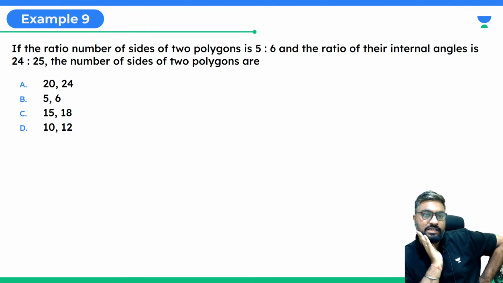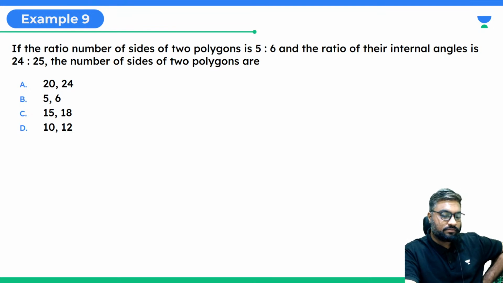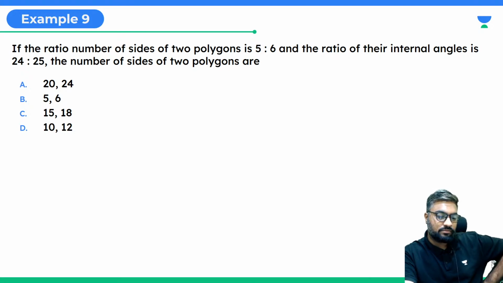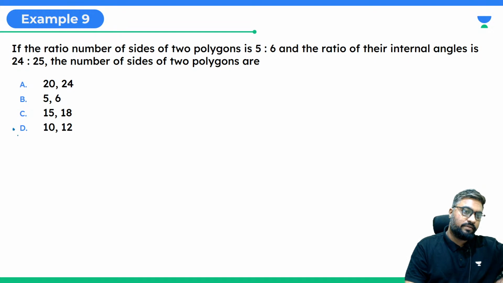The same question type we just tried. Pragya says D, 10, 12.